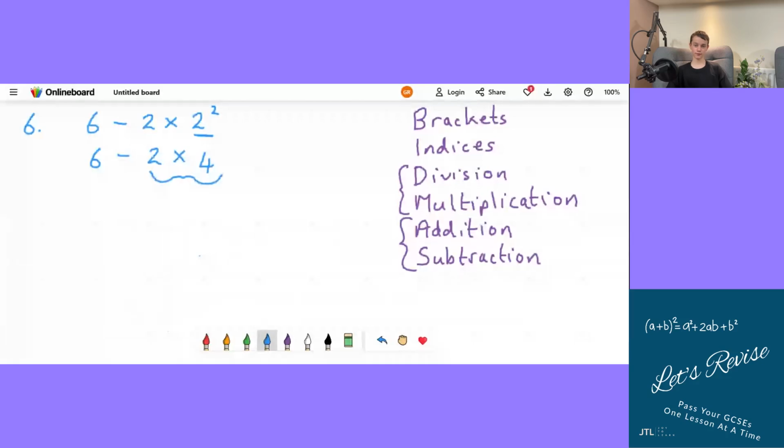So now next you do the minus 2 times 4. Remember that this is a minus 2 because the sign is always attached to the number after, which is minus 8. So it's 6 minus 8, which equals minus 2.